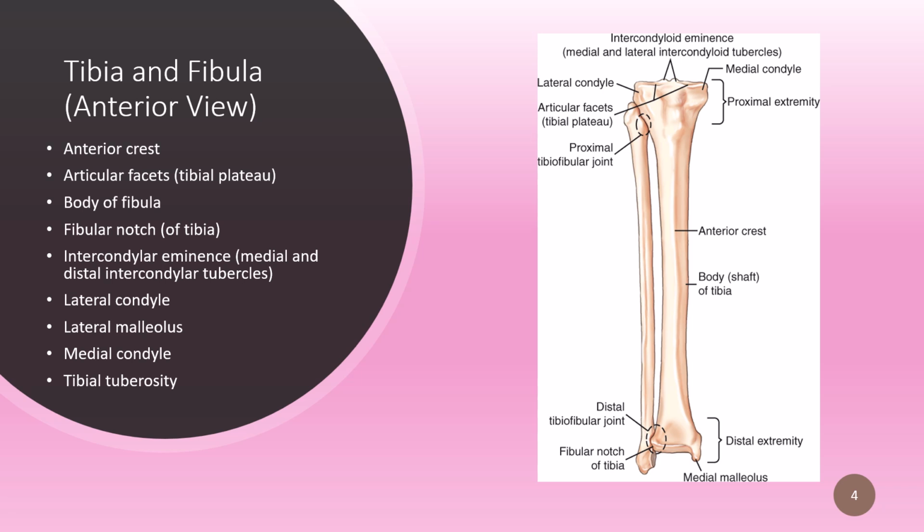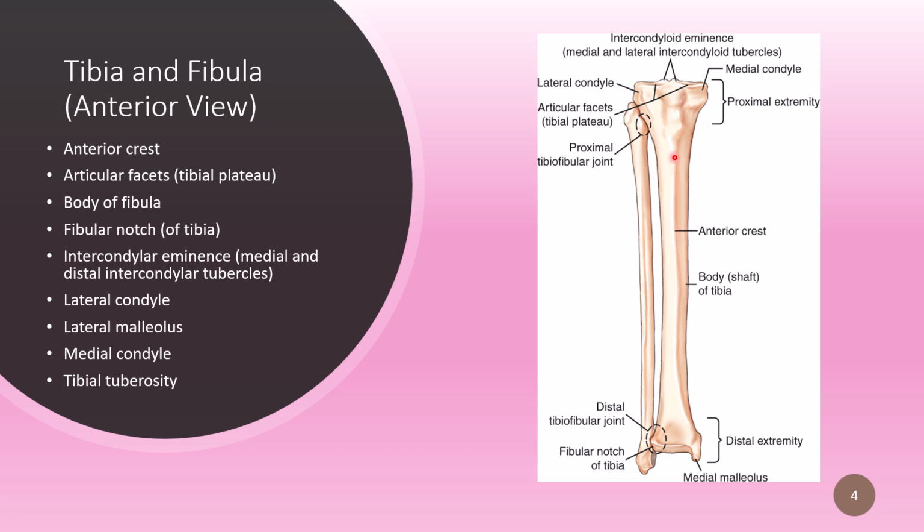All of this information here that's listed up here, all of these are very important. This is very similar to the forearm where we have the radius and ulna. Okay, so some of the information on here, we have the anterior crest, which is right here. That's that ridge along the front of your leg.